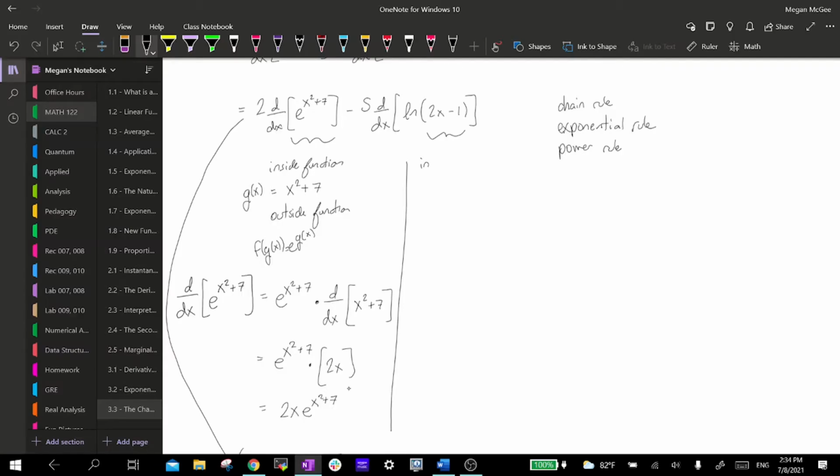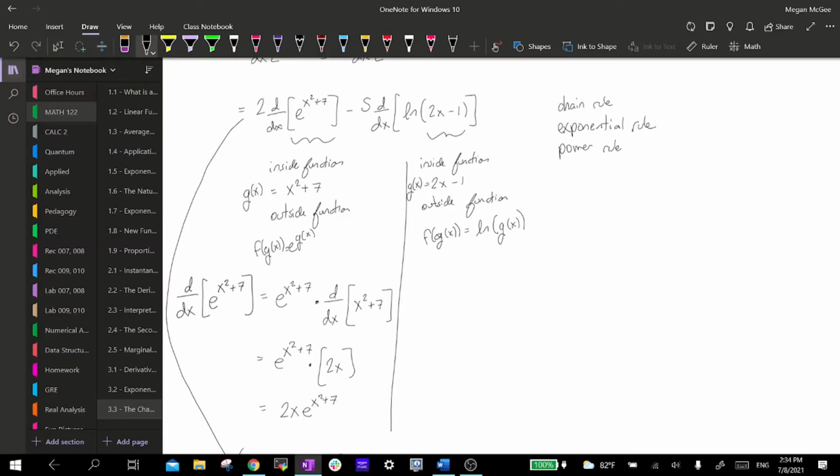So our inside function is our 2x minus 1. If you want to call it g of x, go ahead. Then our outside function is our natural log. So if we call it f of g of x, it's our natural log evaluated at g of x.